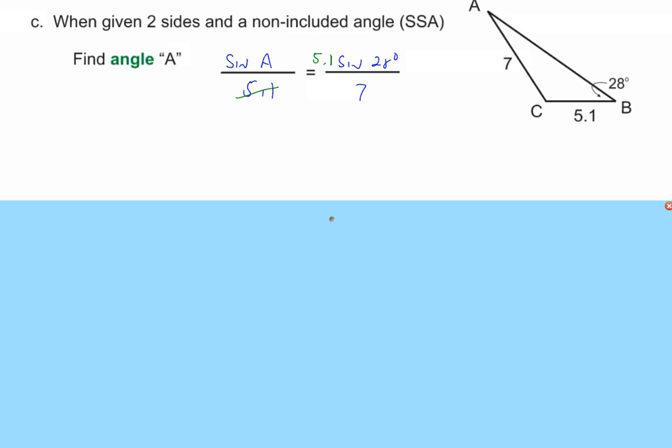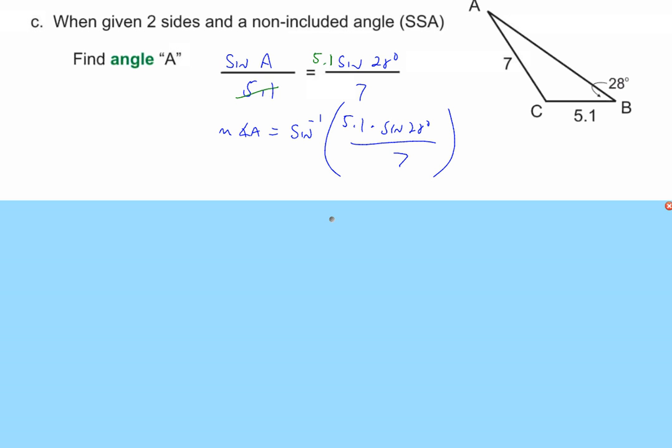Which buttons on the calculator give you the angles? The -1 buttons, right? So technically, if you wanted this to look right, you'd say the measure of angle A is sine to the -1 of this, right? 5.1 times sine of 28 degrees divided by 7.